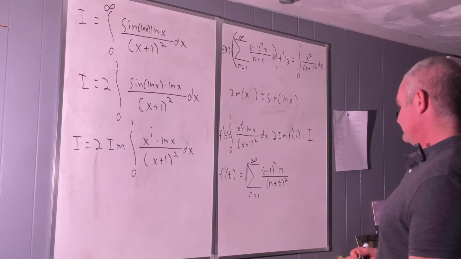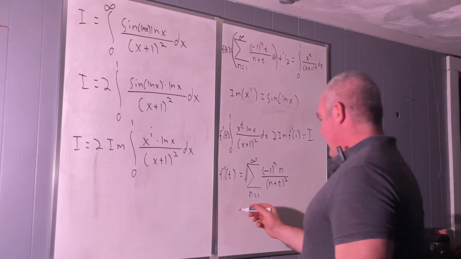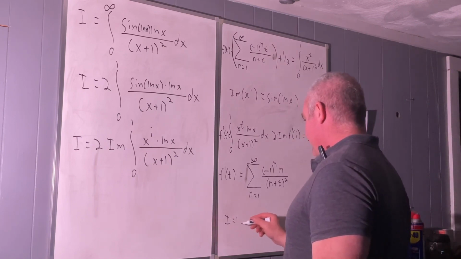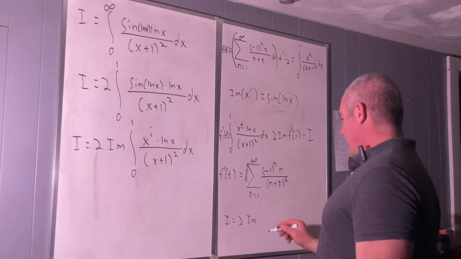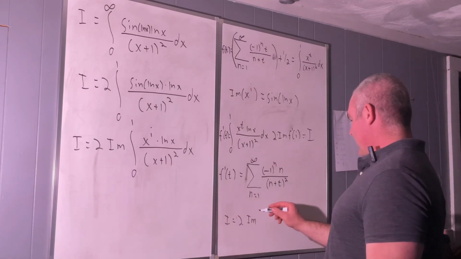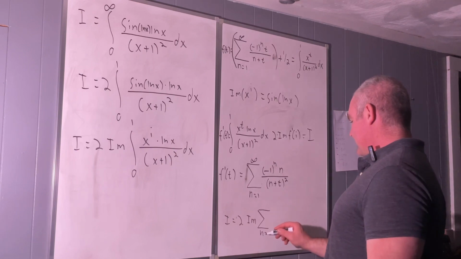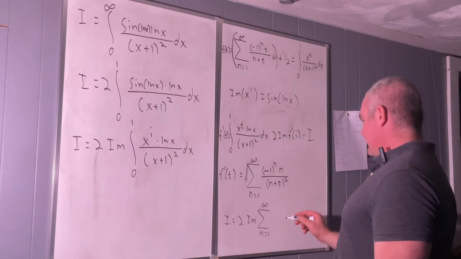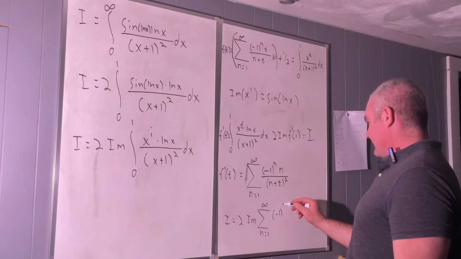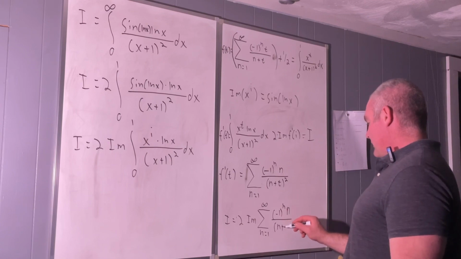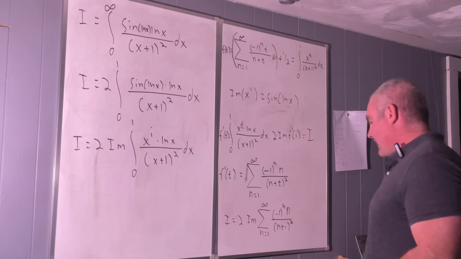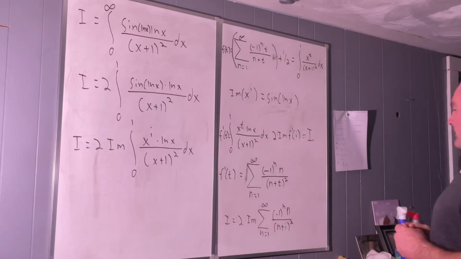So that's going to give us I being equal to 2 times the imaginary part of the sum as n equals 1 to infinity of -1 to the n times n over n plus I all squared.